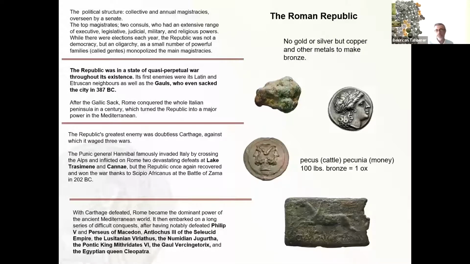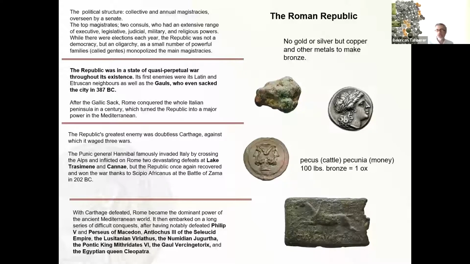People studying the Latin language found this word pecus, which means cattle, and pecunia means money. And they say that cattle was the main means of exchange at that time, which I disagree. Not everyone had cattle to exchange, and what will you exchange cattle with anyway?